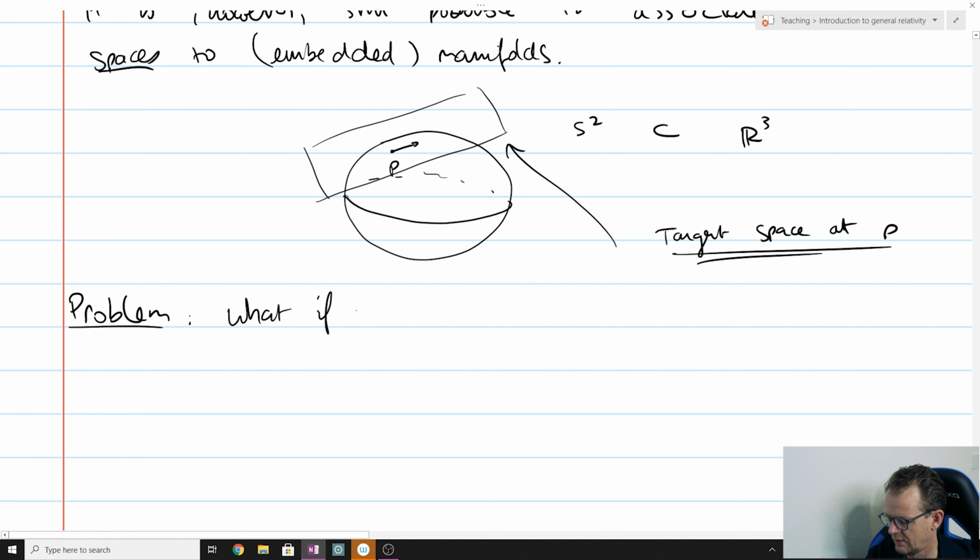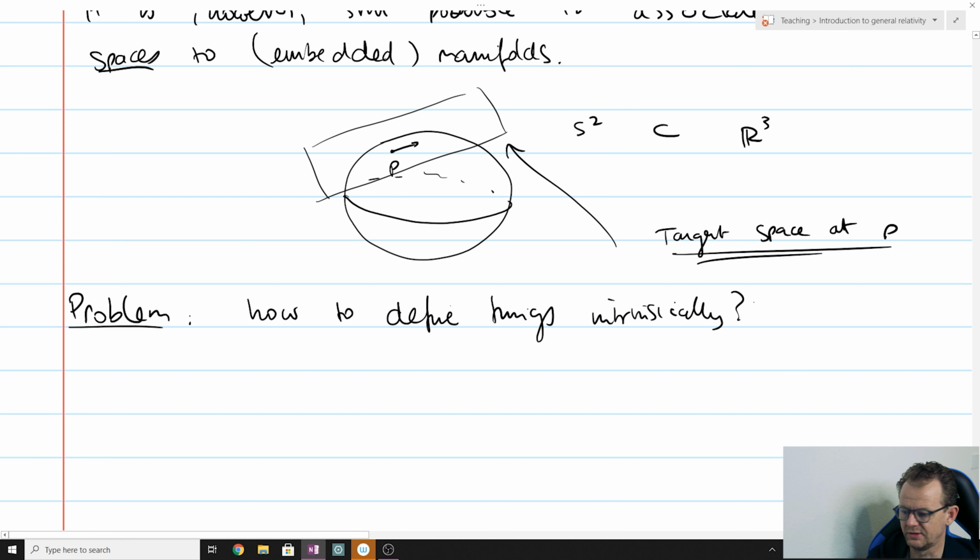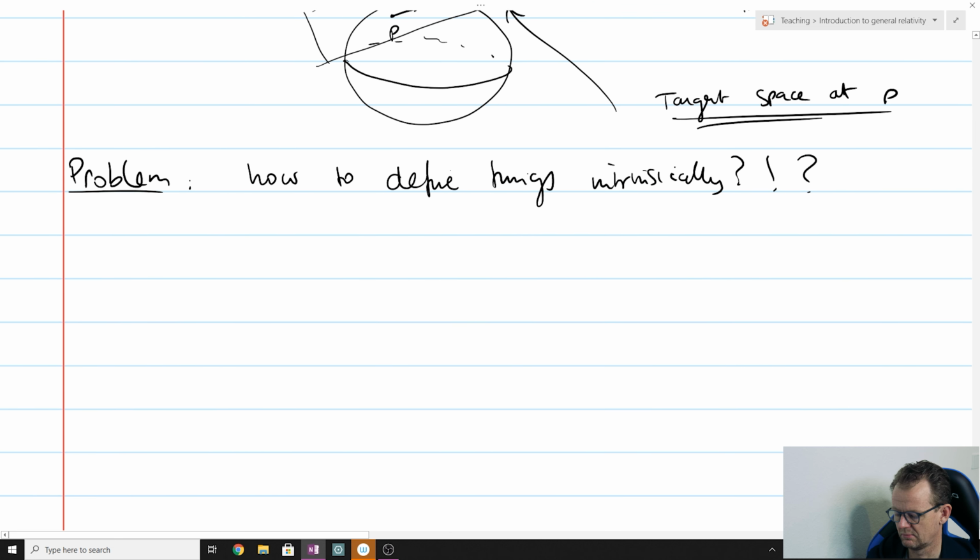So how do we define things intrinsically? We don't want to make reference to this embedding space. Can we even do this? Is it possible?